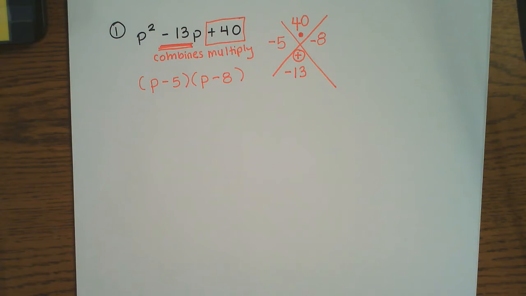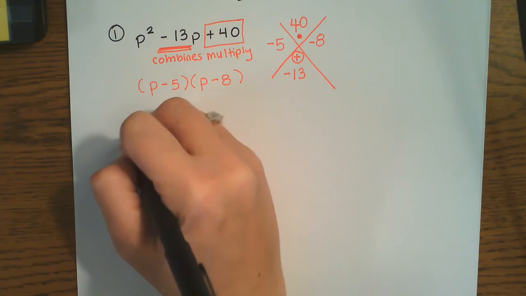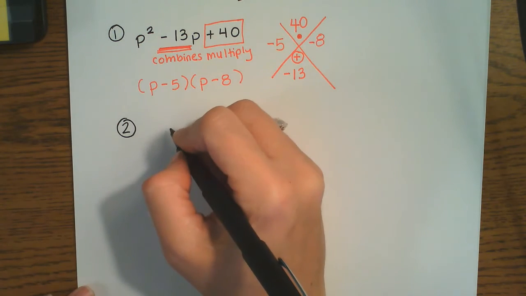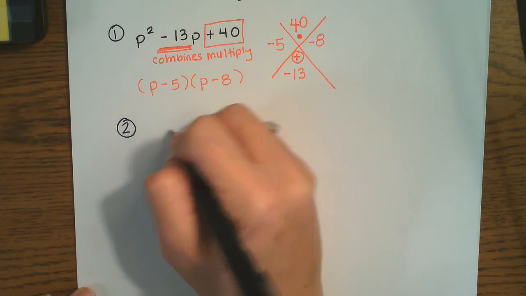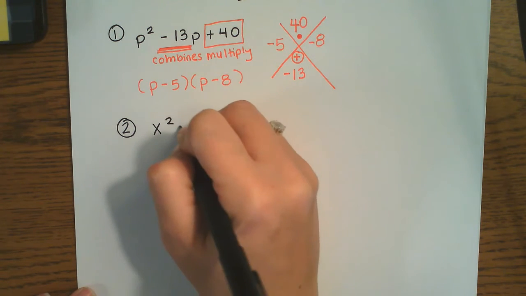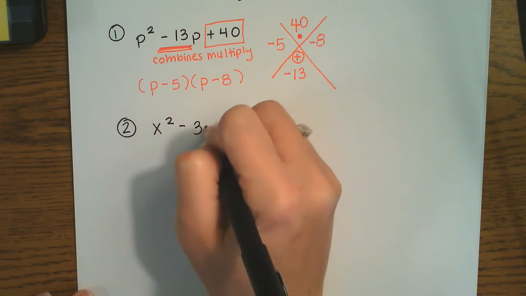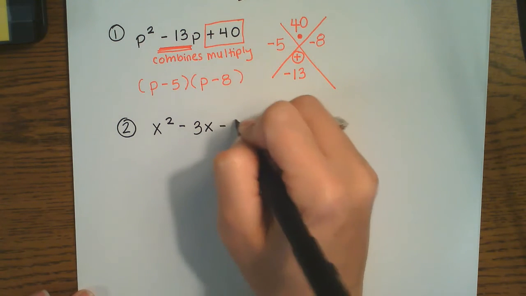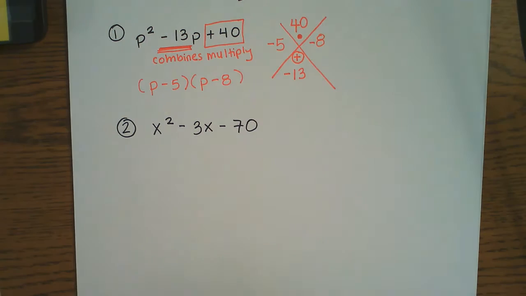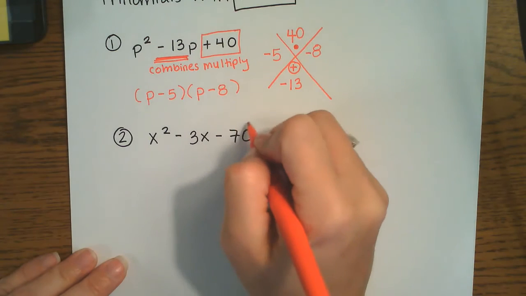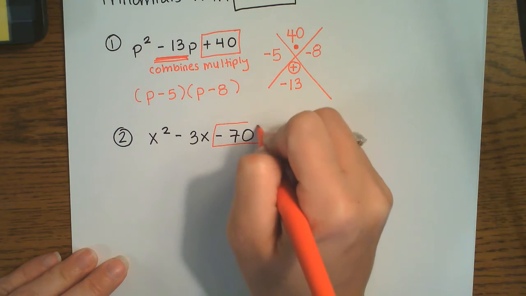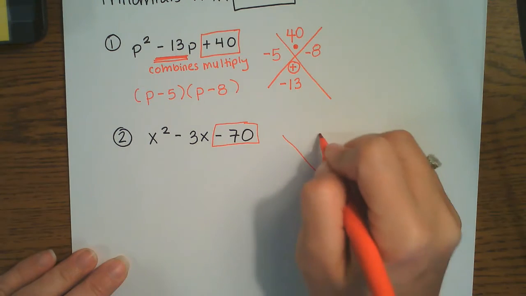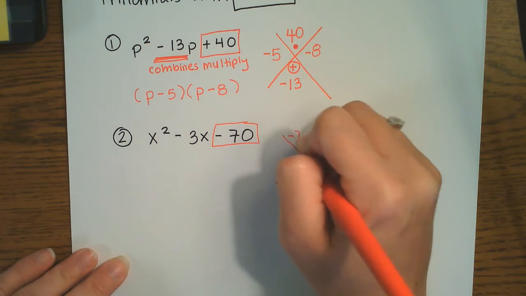All right, we'll do that again. So we look for what multiplies to the last number that goes in the top of my x.